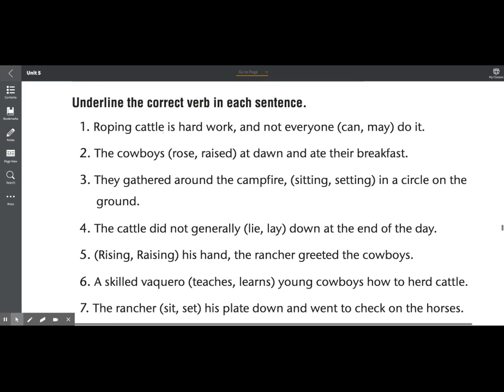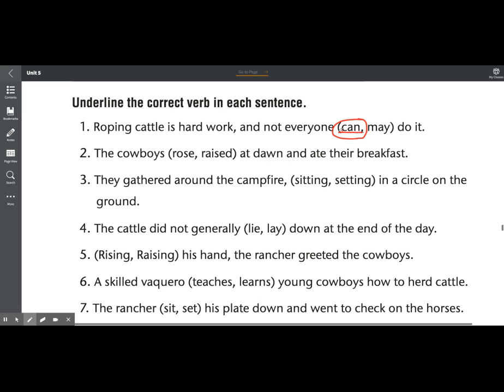Roping cattle is hard work, and not everyone can do it or may do it. What do you think? Which verb do you think will be the correct verb in this sentence? Roping cattle is hard work, and not everyone can do it or may do it. Can is the one that belongs in this sentence.